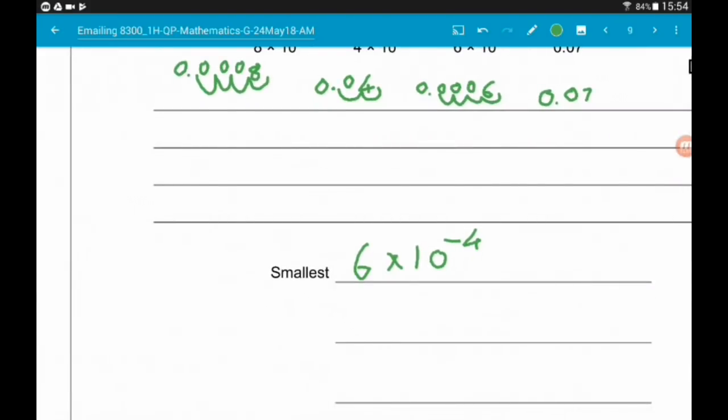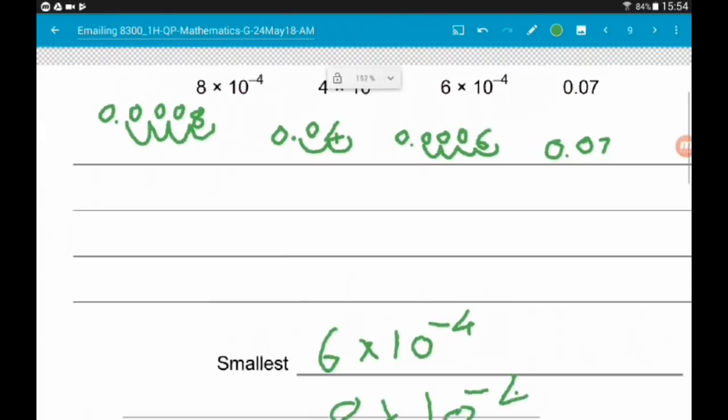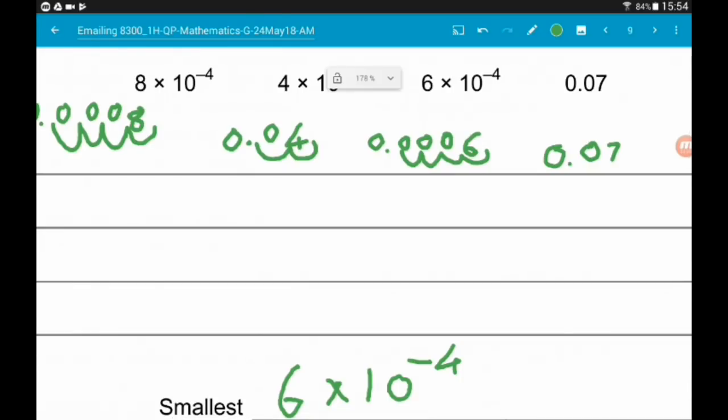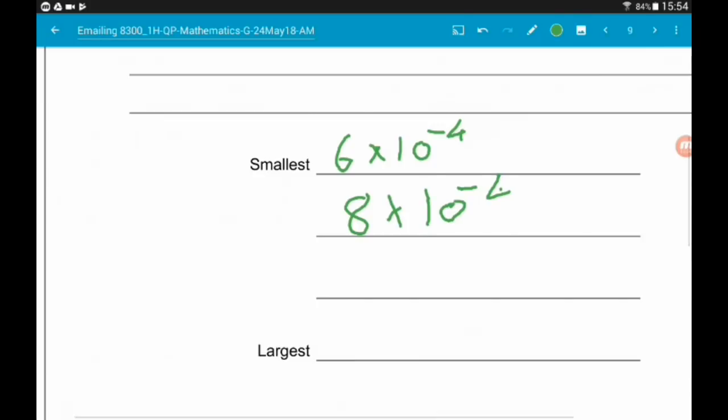So it's then 8 times 10 to the minus 4. And then the next one is 0.04. So that's 4 times 10 to the minus 2. And then we've got 0.07.